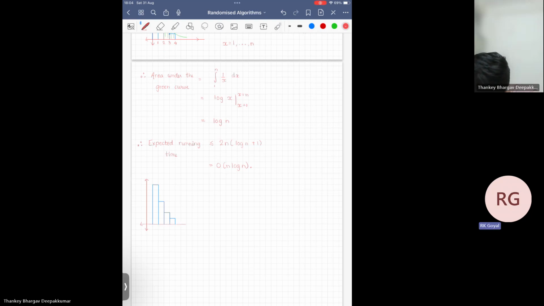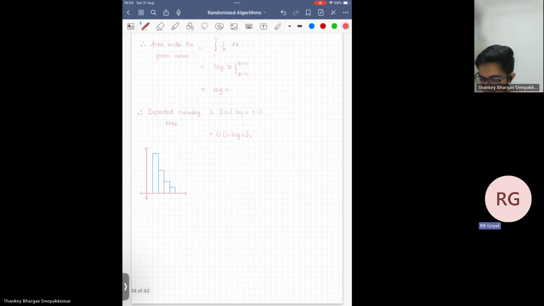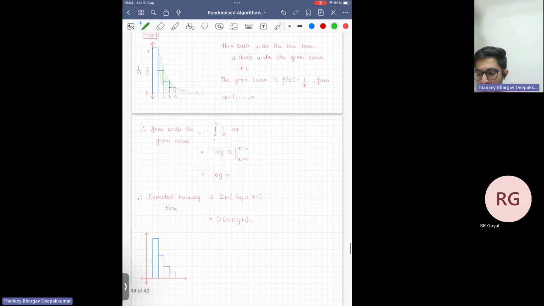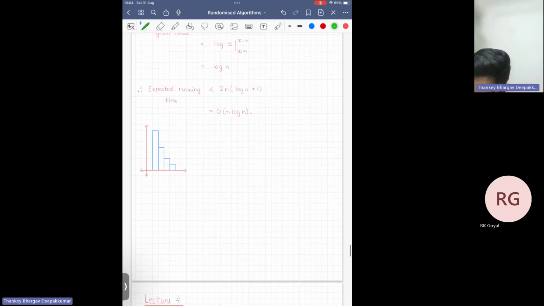So if I want the lower bound through this integration, then I'll have to reduce the bin size, to make the green curve as close to the original area as possible. Oh, no, no. Exactly the same thing would work. Let me do it and then I'll show you the only difference.